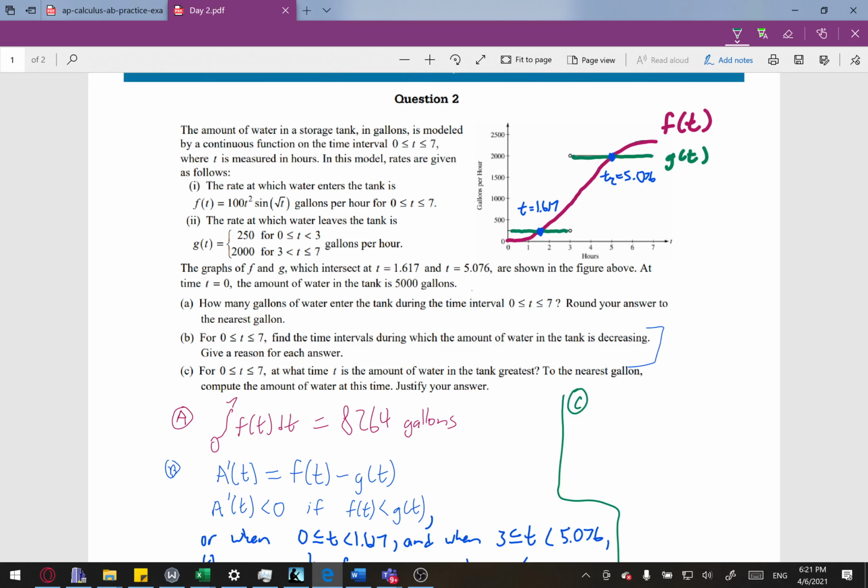How much did we start with? 5,000. Okay, I'm going to erase this and give us a little bit more space, but this will be 5,000 plus the integral of our rate should equal our amount of water we have at any time.